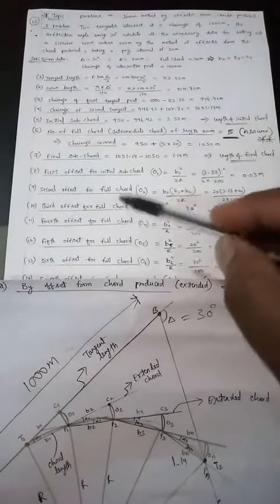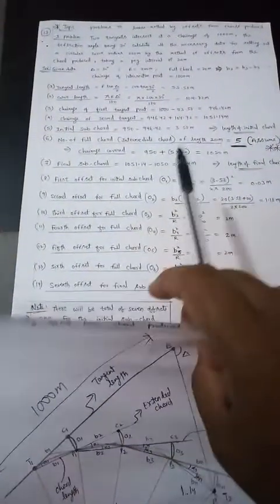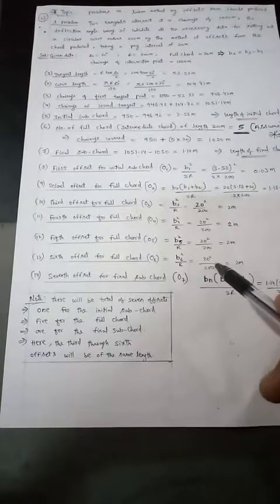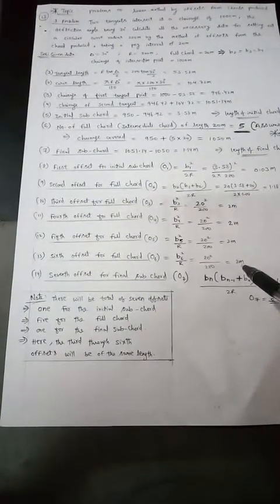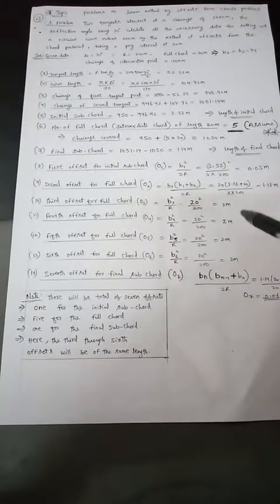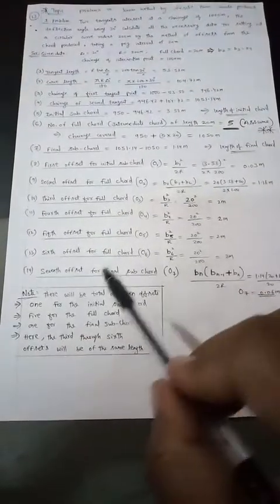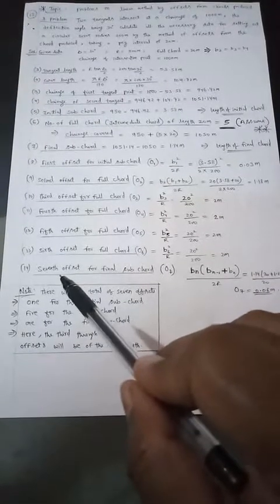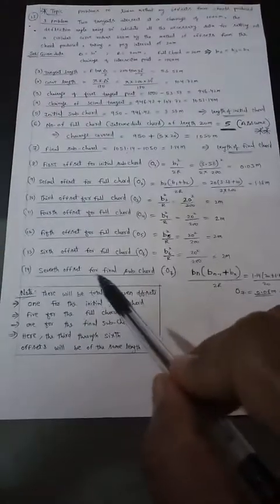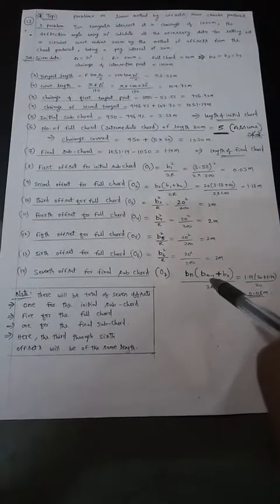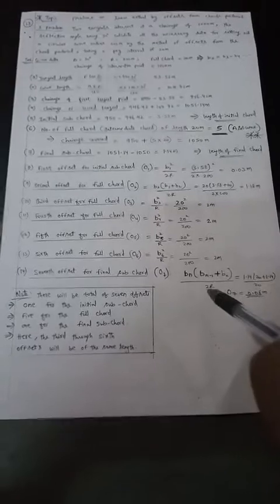Similarly we find all the intermediate subchords or full chords, so finally we will get 2 meters. All the intermediate offset values will be the same in between. Finally, the final subchord: the seventh offset, O7, equal to Bn minus 1 plus Bn by 2R.